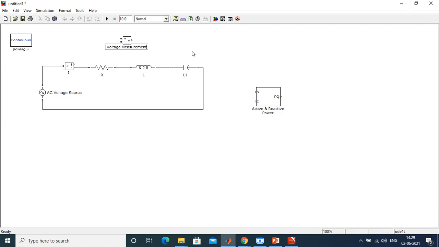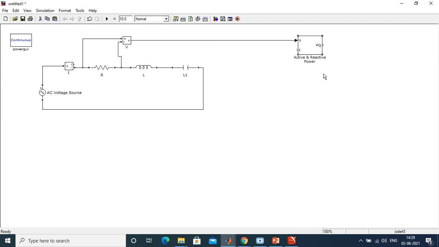Here the power dissipation occurs only in the resistance, so that's why I need to connect the voltmeter across the element. Always the voltmeter is connected across the element, and the ammeter is always connected in series. Okay, so now I need to check the voltage.